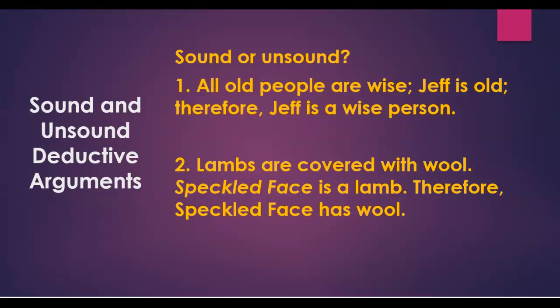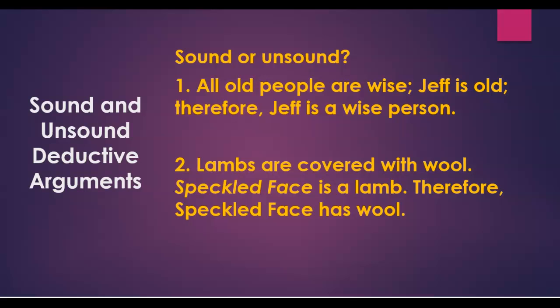There are some crazy old people, okay? Result is this may be true, but it is not definitely true, is not 100% proved. Therefore, it is not going to be a sound argument because the first statement, all old people are wise, is not necessarily true.